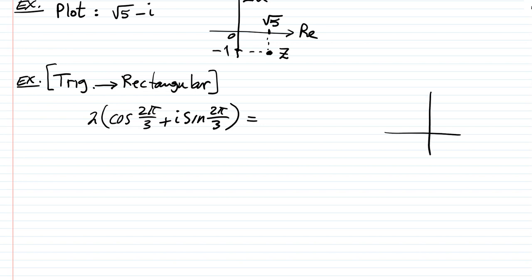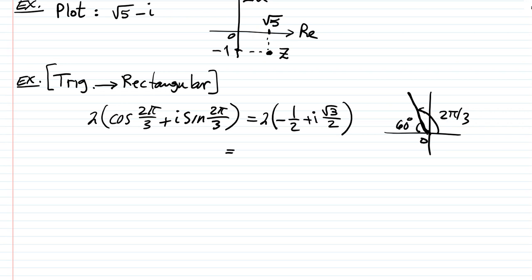Remember, that's a 120-degree angle, right? The angle is 2 pi over 3. The reference angle is 60 degrees, and cosine of 60 degrees is negative 1/2 in the second quadrant. So that's 2 times negative 1/2 plus i. Sine is going to be what? Root 3 over 2 in the second quadrant. Again, the reference angle is 60 degrees. And there you have it.